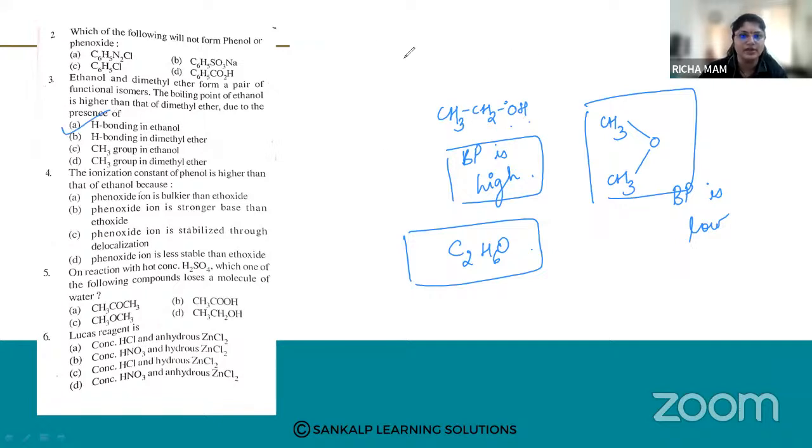Yes, option number A. In diethyl ether, there is no H, only an oxygen atom is there, so it cannot form any hydrogen bond. Okay, so option number A, yes. Vedvati, Naveshi, Tasmi, and Mehak have also answered.